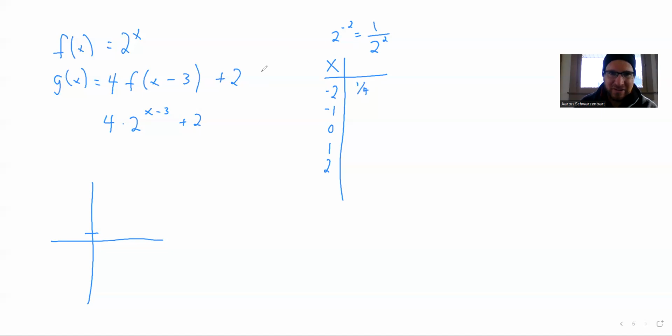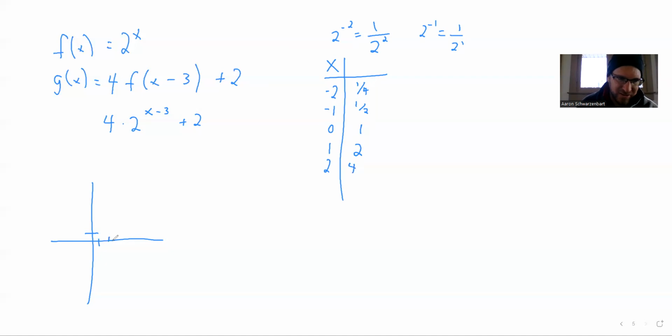So we're going to see a pattern here with 2 to the x of doubling. 2 to the negative 1 being 1 over 2 to the first, 1/2. Double that, 2 to the 0 is 1. 2 to the first is 2, 2 to the second is 4.